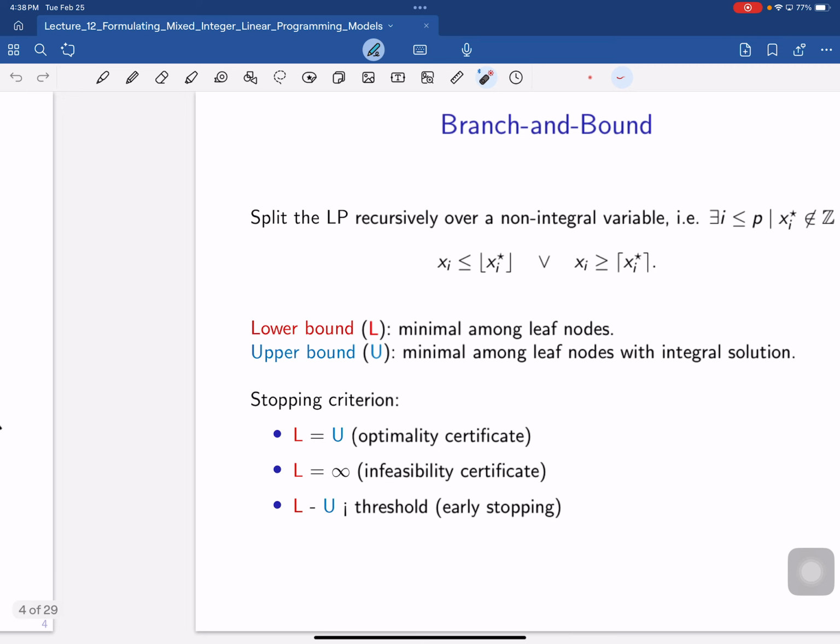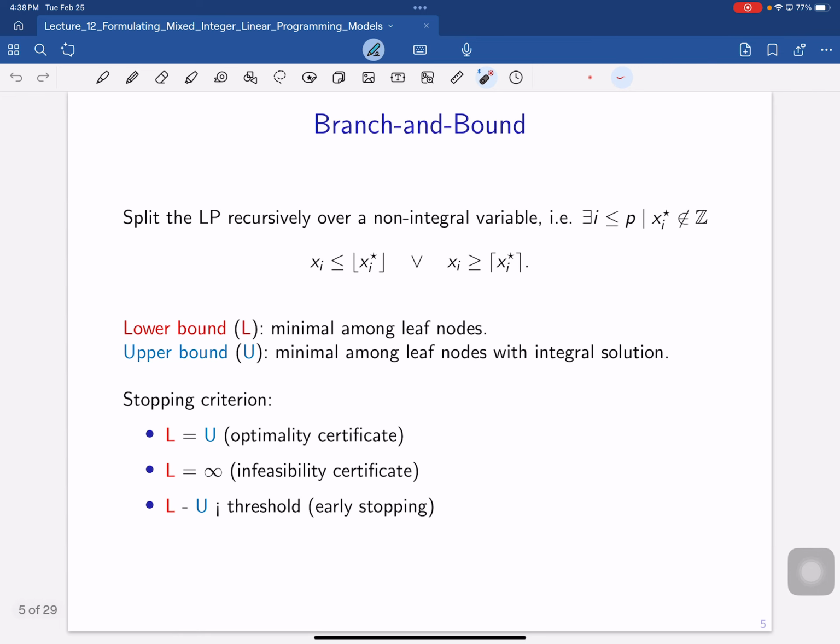Okay, so in the branch and bound method, the idea is we will solve the LP recursively over the so-called non-integral variables. If some of the variables are not satisfying the integrality constraint, we will do this operation called branching. So the idea is you will split one problem into two problems.